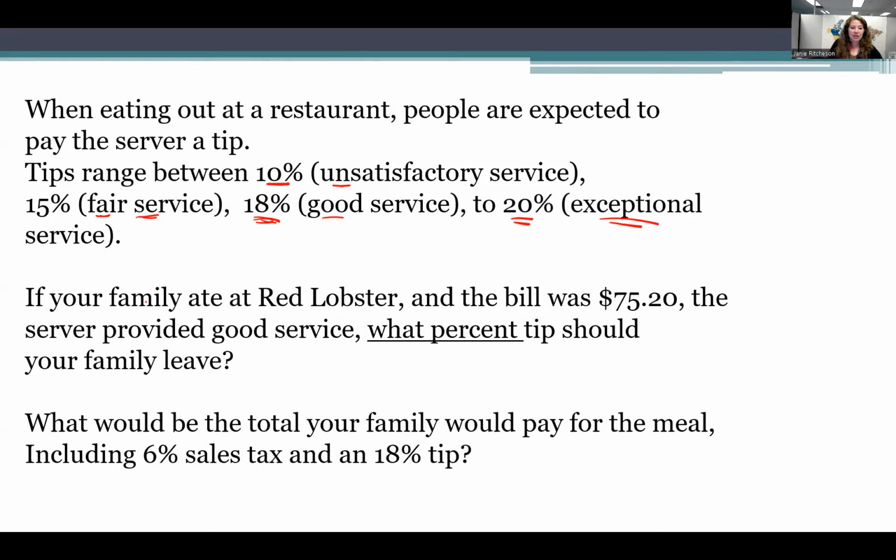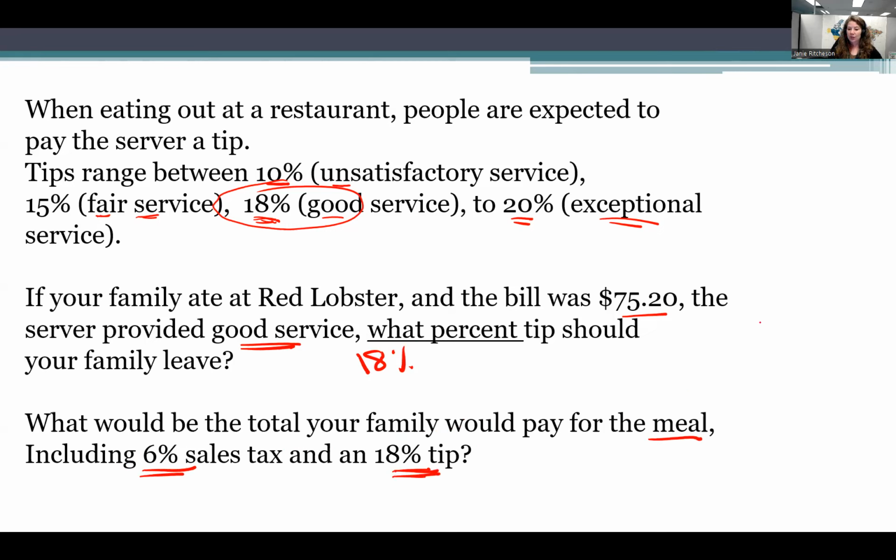All right, so it says if your family ate at Red Lobster and the bill was $75.20, the server provided good service. So good service means we're going to tip them 18%. So now it asks, what would the total of your bill be if you had to pay for your meal plus 6% sales tax, and finally your tip, because you are supposed to tip on sales tax also.